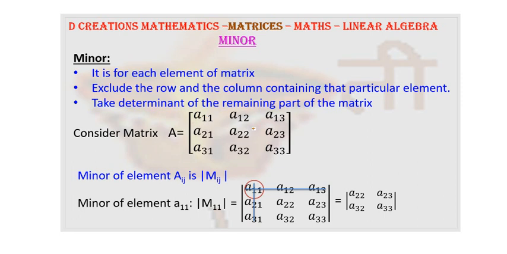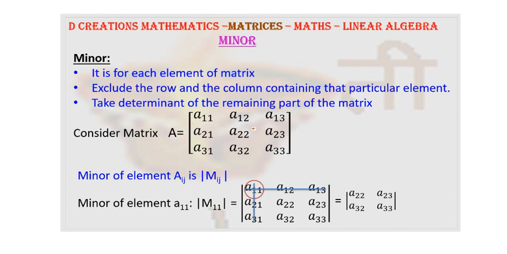So all the elements in the row of A11, that means A12, A13, are ignored. Similarly, all the elements in the same column as A11, that is A21, A31, are also ignored. So you are essentially left with 4 elements, A22, A23, A32, A33. Now just take the determinant of those 4 elements. That's all. So this is what a minor is.